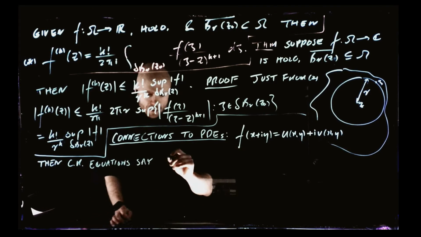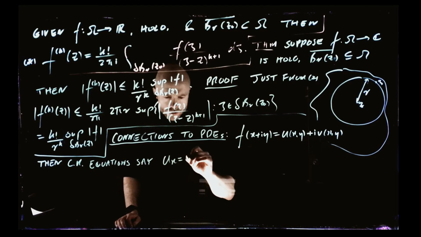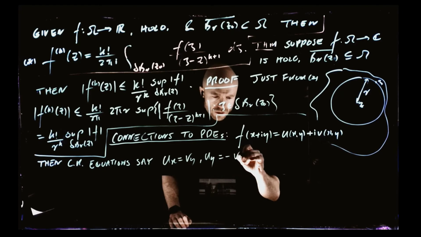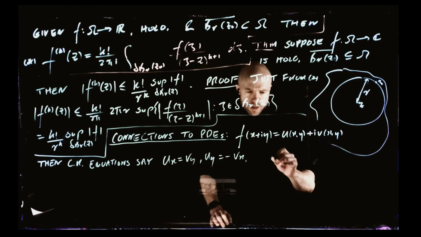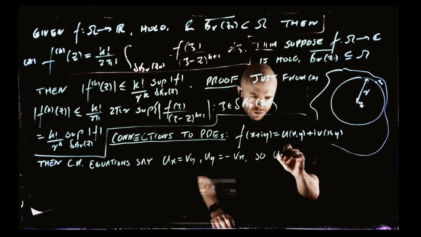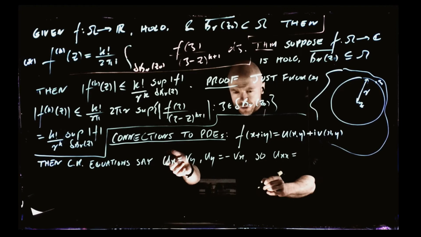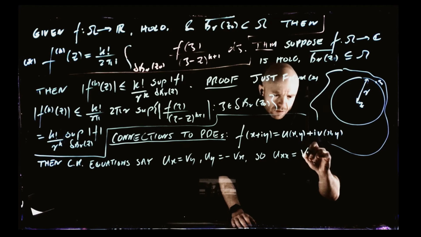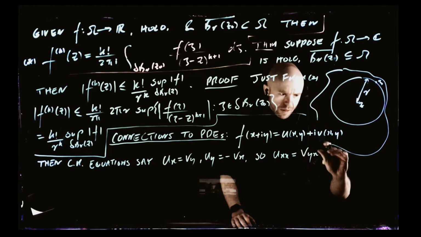And what do they say? They say that u_x equals v_y, and u_y equals minus v_x, right? So if we take the second partial derivative with respect to x of u, that's equal to v_yx, right?